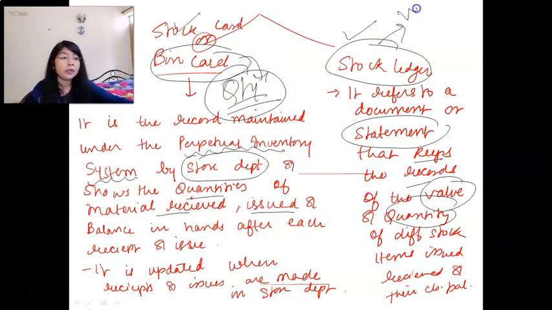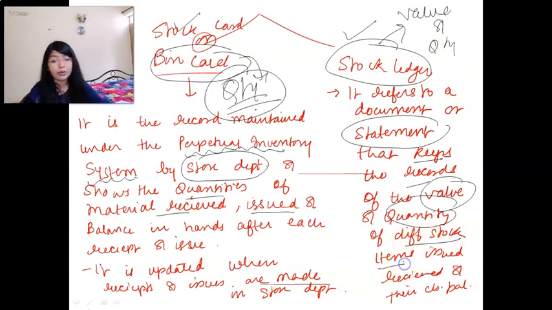Here we are talking about both value and quantity of different stock items, not only a single stock, but all the different stock items which are issued, received, and their closing balances. So it's a kind of statement.